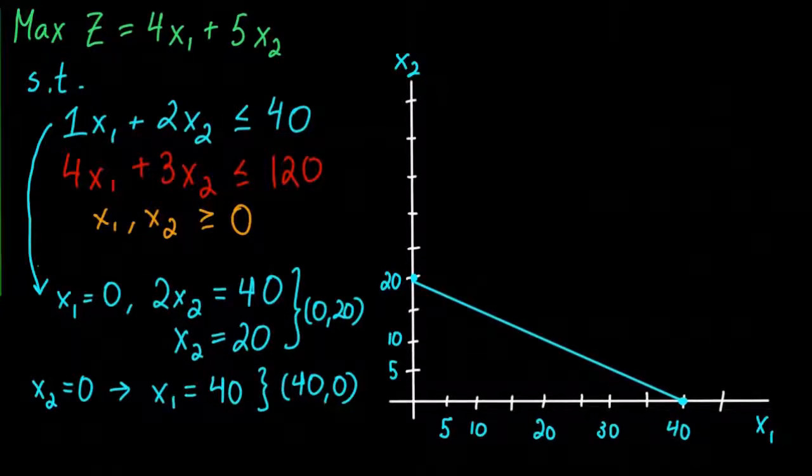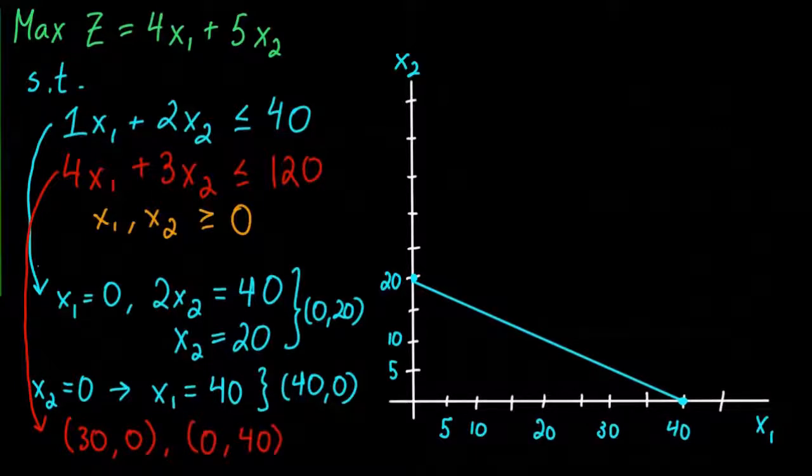So for the second constraint, we can follow a similar process, and I'll just write the points here that I'll use to plot. So we'll have 30, comma 0 and 0, comma 40, and let's just plot these. 30, 0 and 0, 40, and we'll connect the dots.